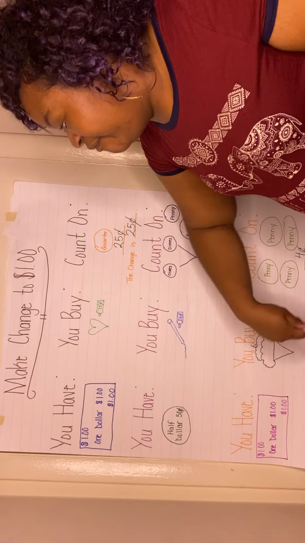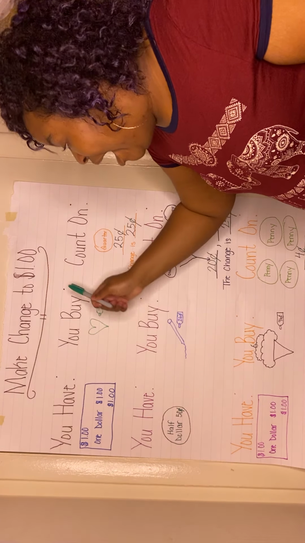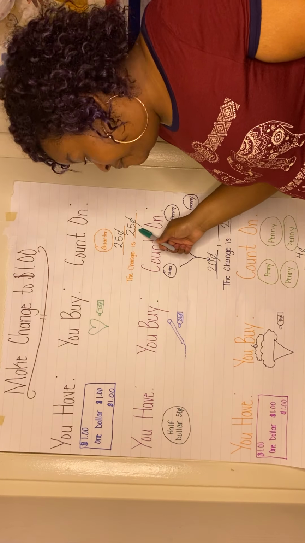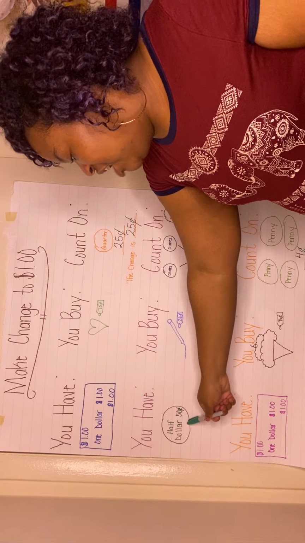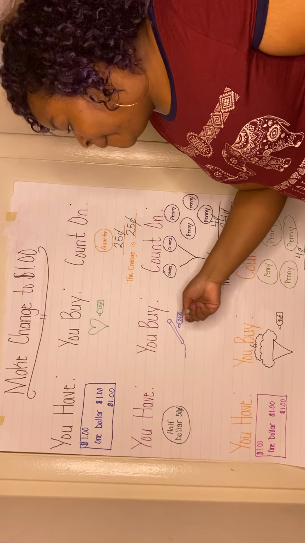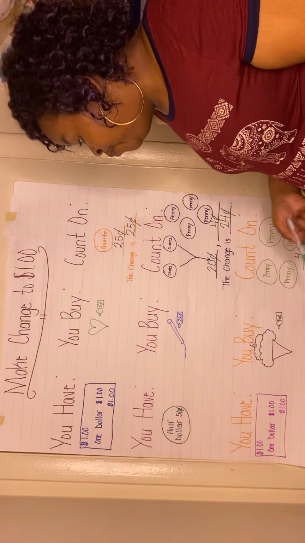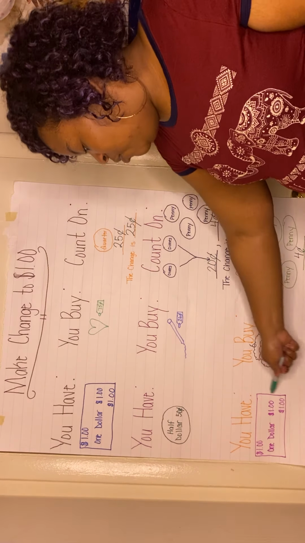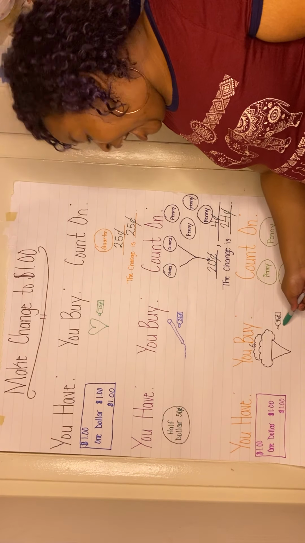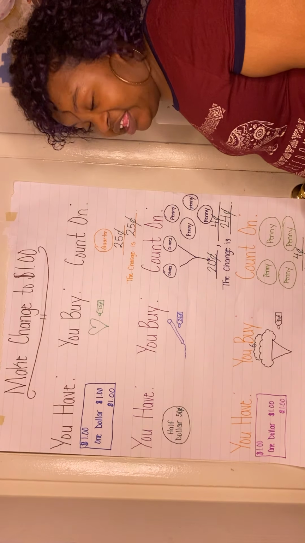So remember that if I have $1 and I want to buy a heart for 75 cents, I can buy that heart and still have 25 cents left. Or if I have 50 cents and I want to buy a pencil for 26 cents, I can buy that pencil and still have 24 cents left. Lastly, if I had $1 and I wanted to buy a delicious ice cream for 96 cents, I can buy that ice cream and still have 4 cents left.